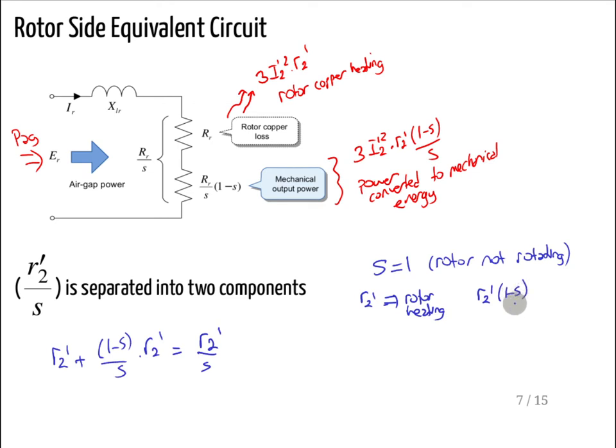Let's check: (1 minus S) over S, when you put S equal to 1, that resistance will be 0 when the rotor is not rotating.